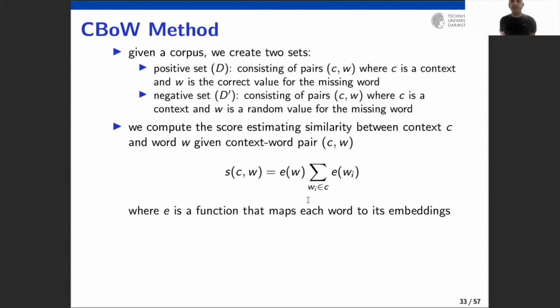Now we compute the score, estimating the similarity between context C and word W, given C and W. If we have a context C, we represent each word in the context with its word embedding, and then we compute the sum over these vectors.